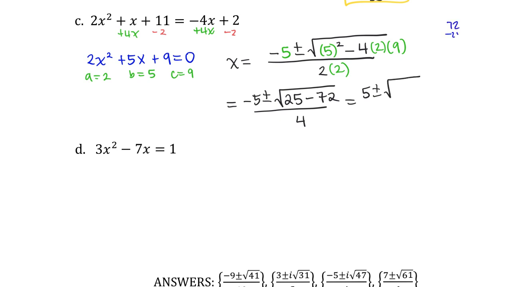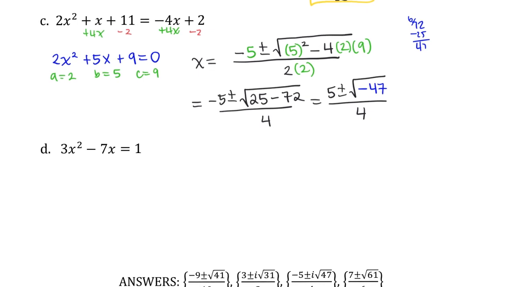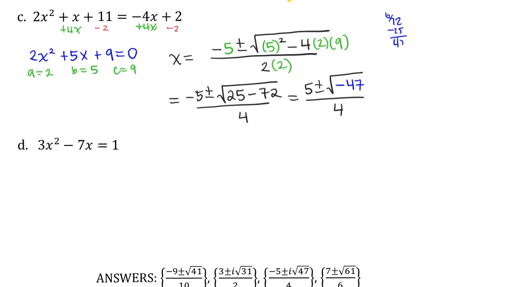Let's do 75 minus 25. 47, negative 47. Okay, it's all over 4. Okay, negative 47 is weird, but it's not a problem because we've learned how to deal with imaginary parts. So I lost my negative. Negative 5 plus or minus the imaginary square root of 47 all over 4.